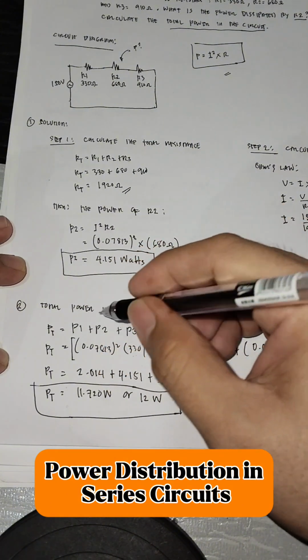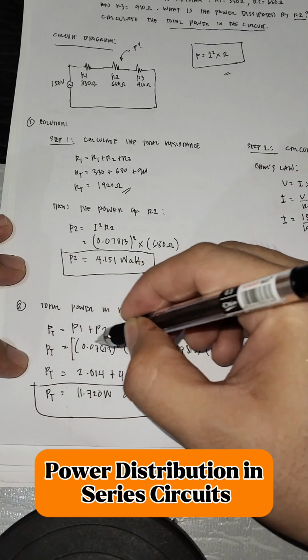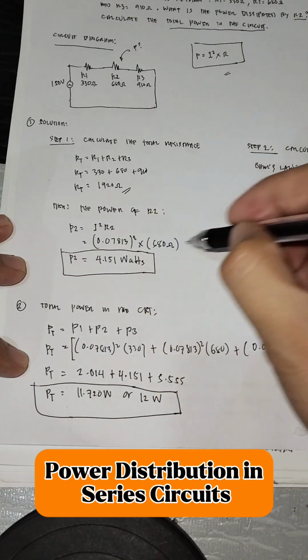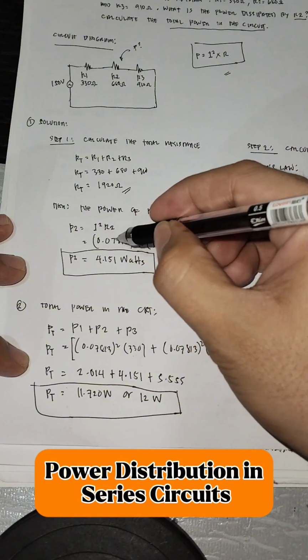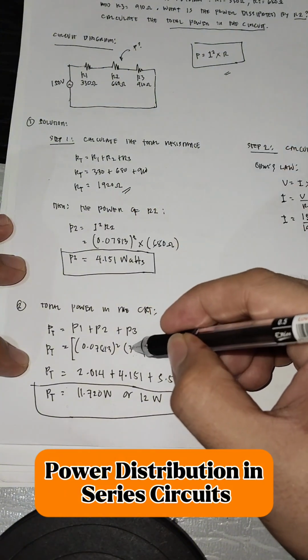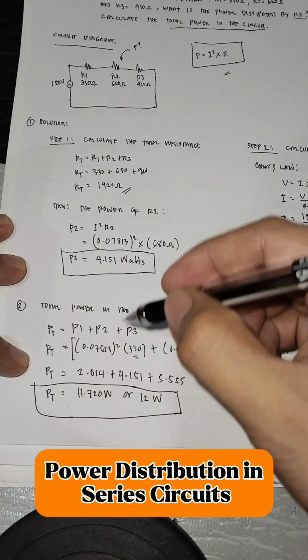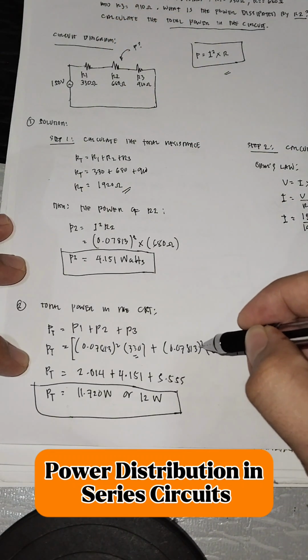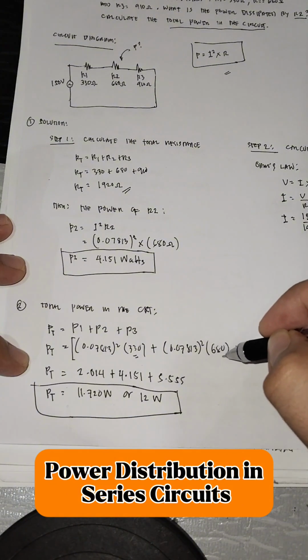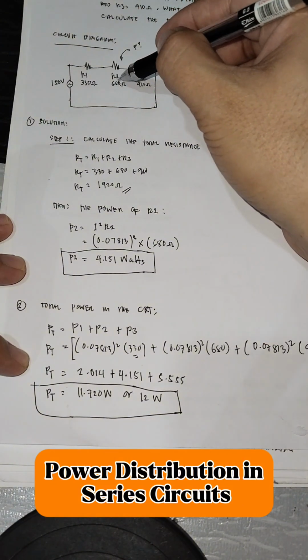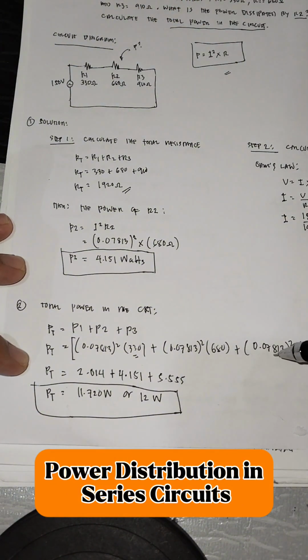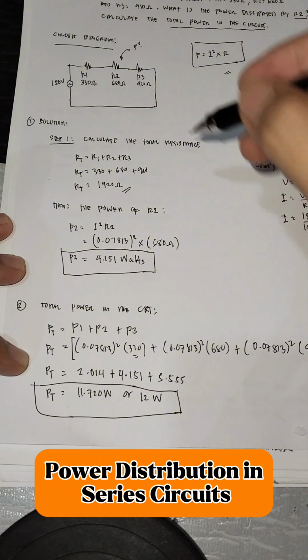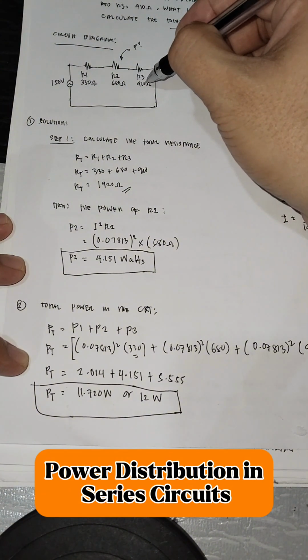So for P1, the value of current is 0.07813 squared times the resistance of R1, plus the total current squared times the resistance of R2, 680 ohms, plus the total current I squared times the R3 resistance.